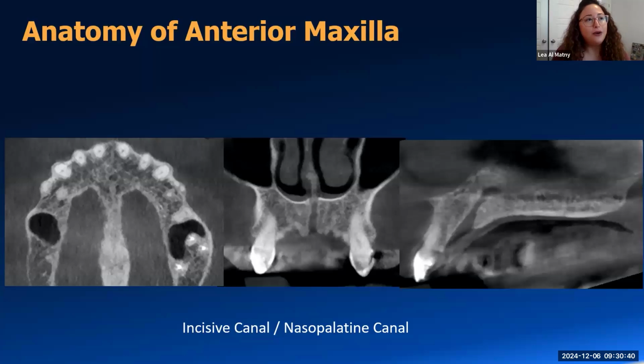Now, in completely edentulous patients and in patients who have lost their anterior teeth, sometimes for over a few years, you will see that incisive canal is slowly enlarging. That's why it's more common to have that canal larger in diameter in edentulous patients versus dentate patients. But we can easily, well, sometimes not so easily, distinguish that variation of normal because of the lack of teeth.